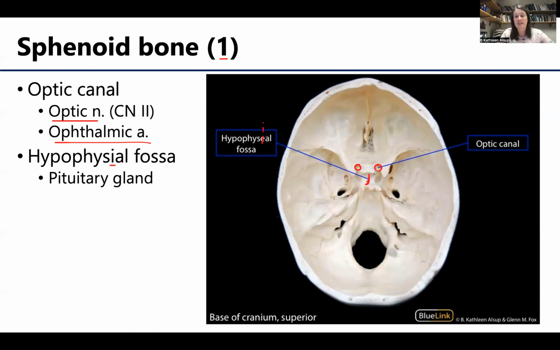And so really what is sitting right here during life is the pituitary gland. An extremely important gland. You're going to talk about this in more detail when you get to the endocrine portion of the course, but it's sitting here in this fairly well protected region. Not only is it associated with the brain, but it's being protected by all this bone surrounding it.